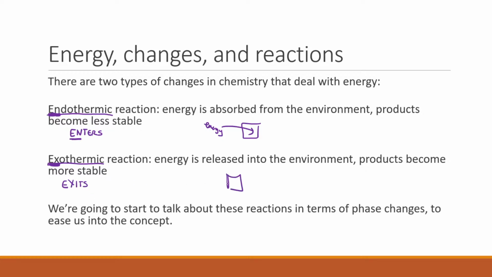Which means whatever substance you're looking at, whatever you're measuring, energy is being either released from it or taken out of it. If you're taking energy away, if you're cooling something down, that is an exothermic process. You have to take energy out of that thing in order for it to change. If you're heating something up, that's an endothermic process, right? You need to put energy in order to make that happen.